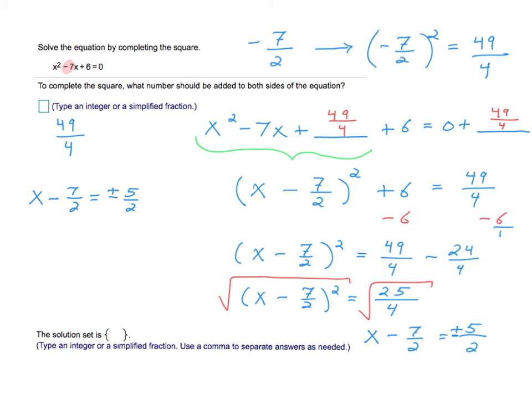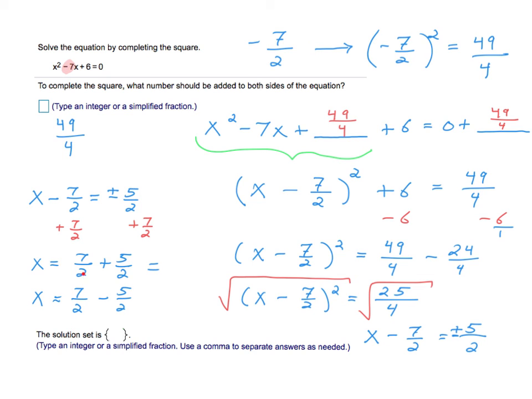And we're going to get this by adding 7/2 to both sides. These are my two solutions. One is going to be x is equal to 7 halves plus 5 halves. If I use the negative 5 halves, my other solution is going to be x is equal to 7 halves minus 5 halves.